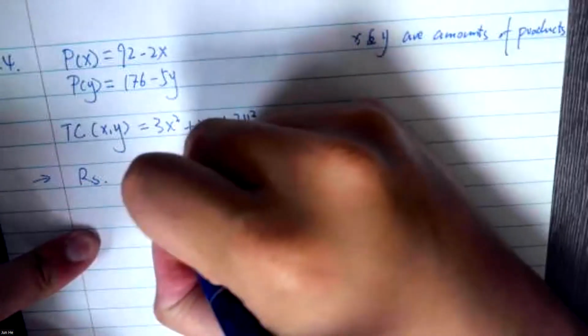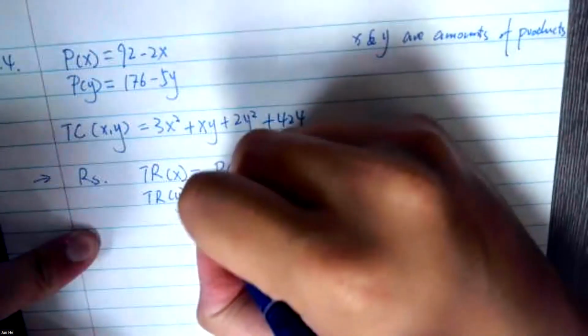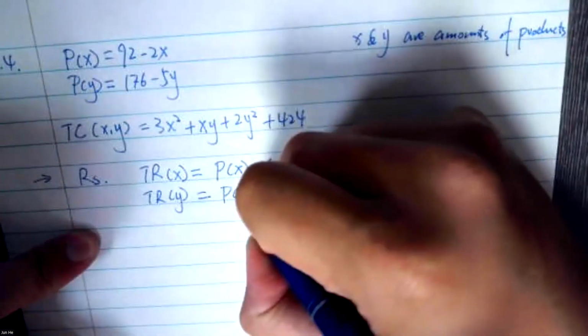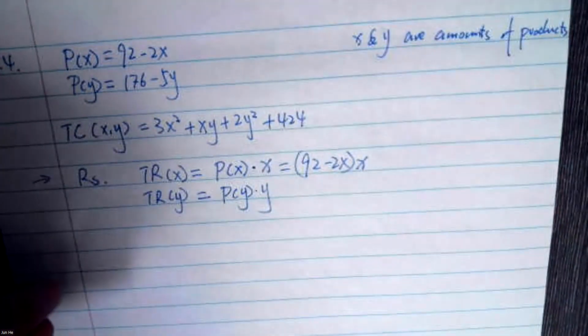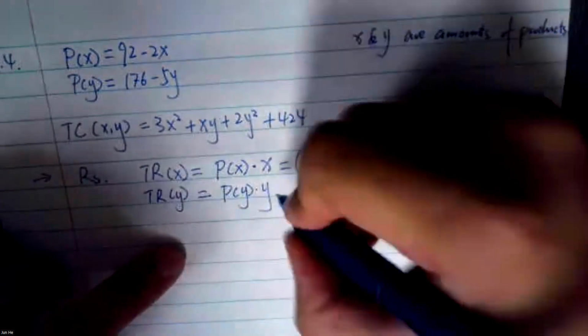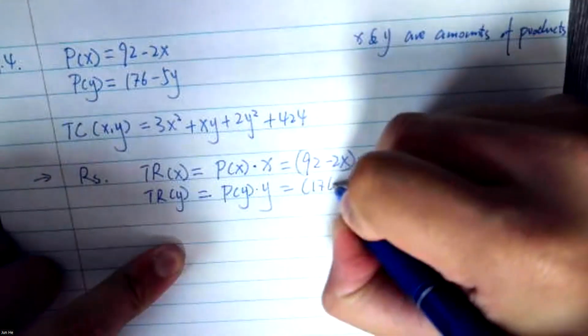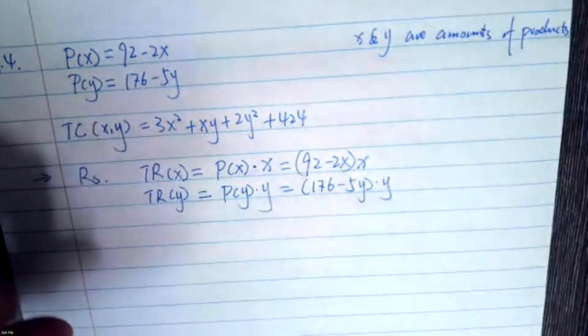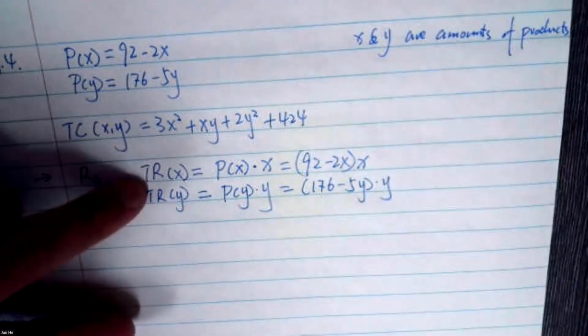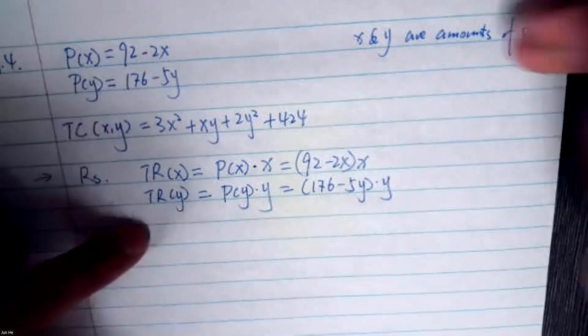The second revenue is the price of the second good multiplied by the quantity of the second good, which is Y itself. So that is 176 minus 5Y times Y. Okay, so those are the revenues. And here we also have costs.